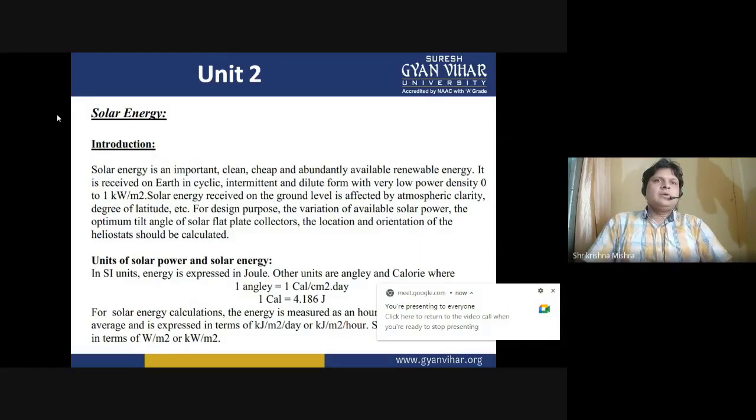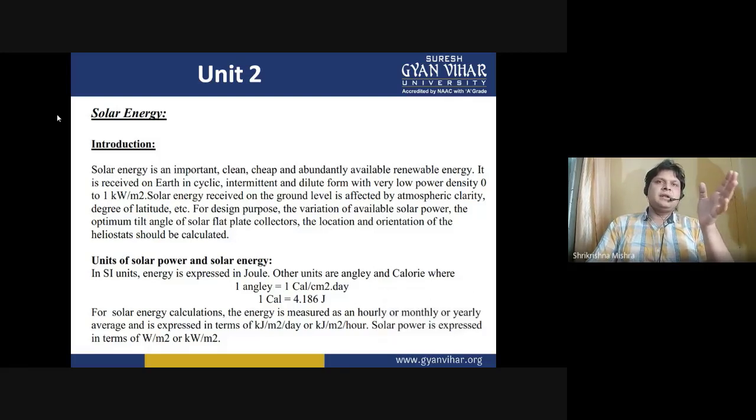Solar energy, as you all know, is an important, clean, cheap, abundantly available renewable energy. It is available everywhere, and it is received on earth in cyclic, intermittent and dilute form. The problem is that it is received in dilute form, meaning the density is not high.